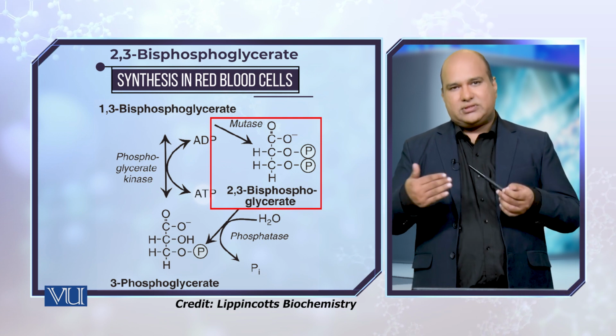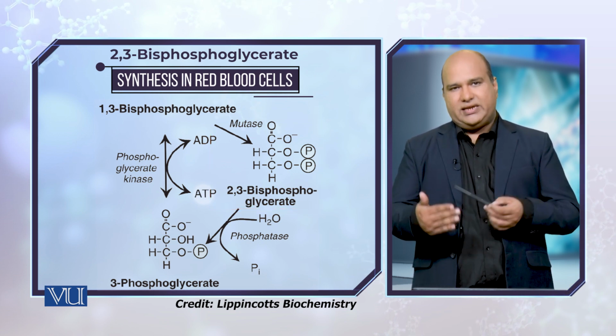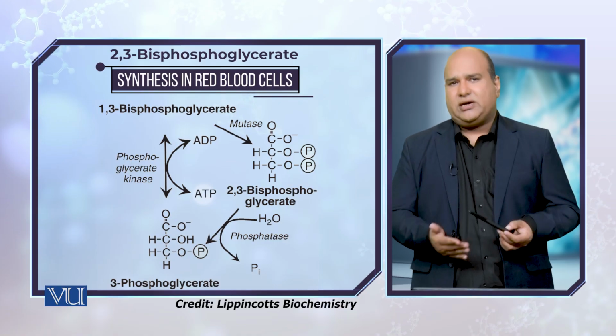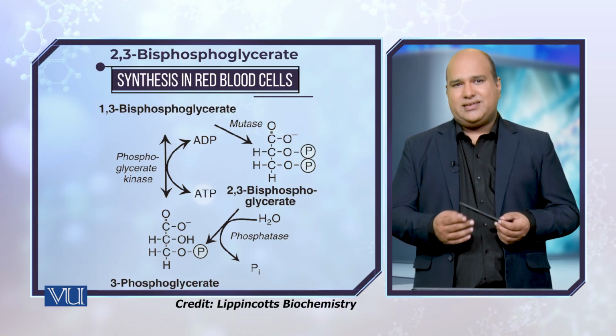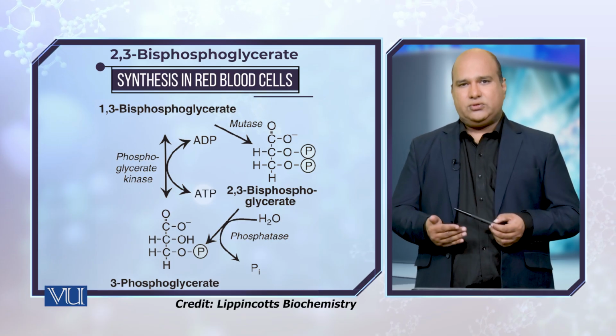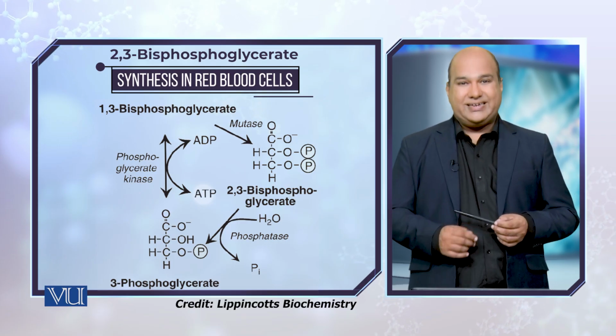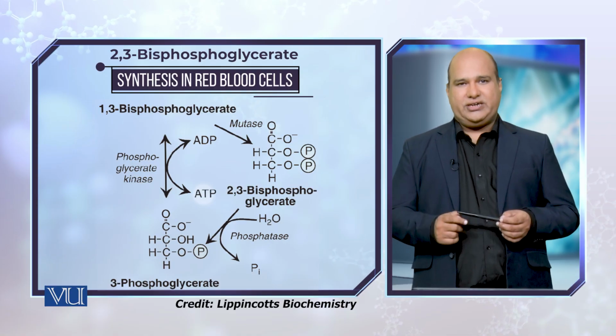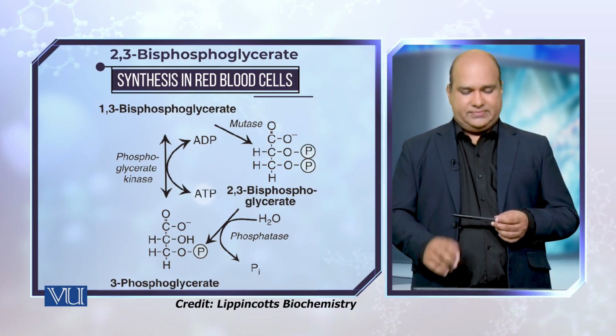In this way, modifications come into any pathway depending on the different parts of the body. These are known as shunt reactions. So the formation of 2,3-biphosphoglycerate is a shunt reaction for RBCs.